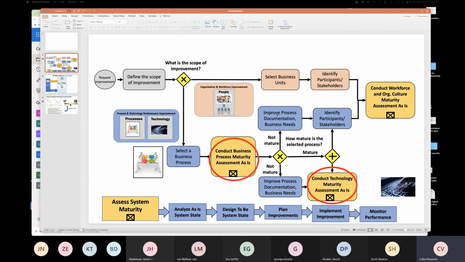Then we may need to improve process documentation before going and looking at technology. So the tool he's talking about looks at these two highlighted things.